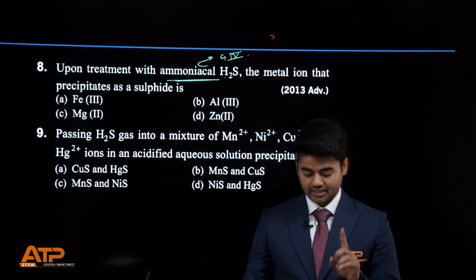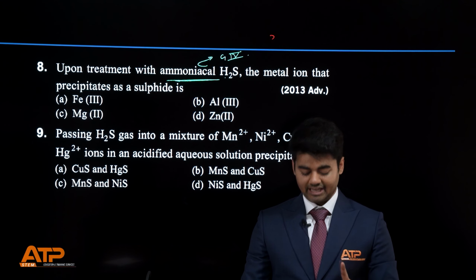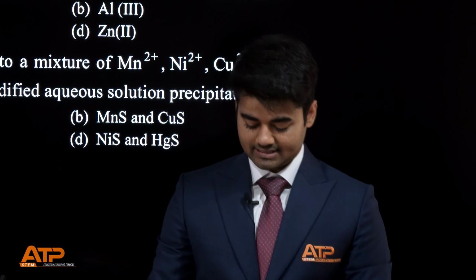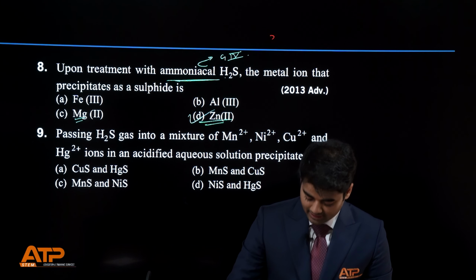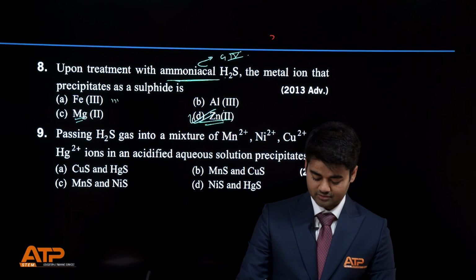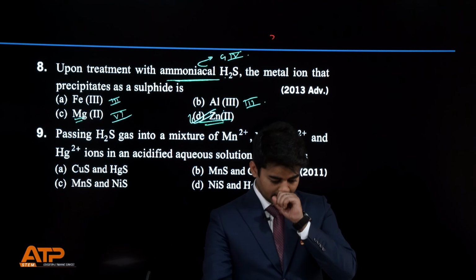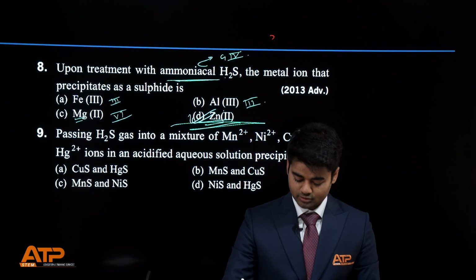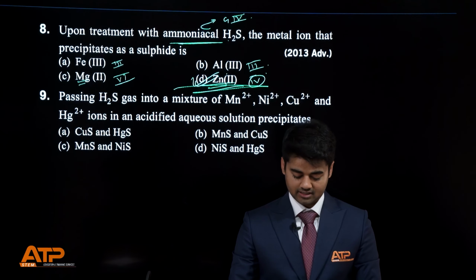Fe3+ is group 3, Al3+ is group 3, Mg2+, my bad, was for group 6, and towards the end we have Zn2+, that is a group 4 cation, and that will be our answer.